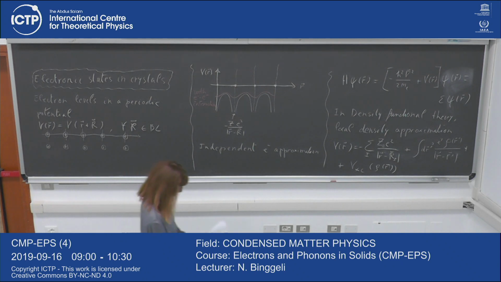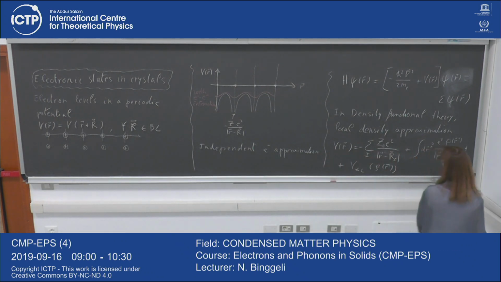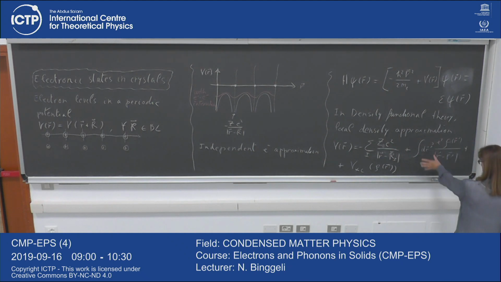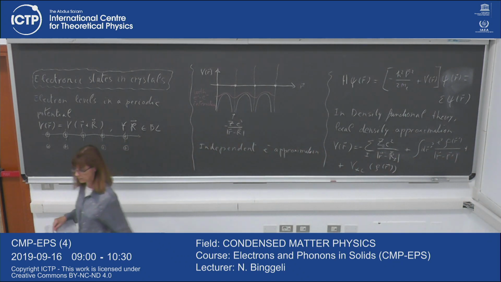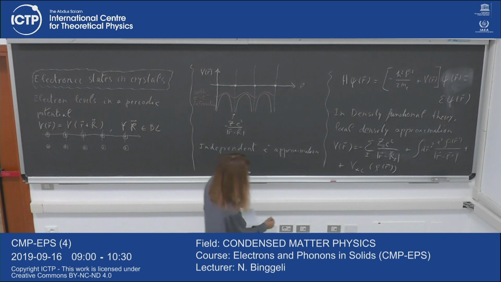So it has the potential induced by the nuclei, the electrostatic potential induced by the electron charge density, and this additional term, which is the exchange correlation potential, and there are forms of this potential that have been proposed and that are very accurate, allowing to do electronic structure calculation.